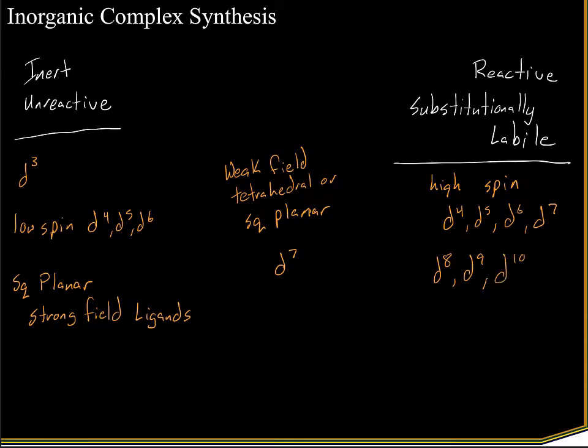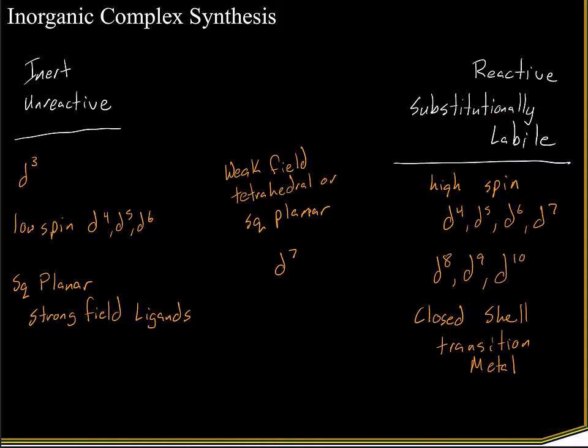Right, so if we have anything in those antibonding orbitals, they tend to be more substitutionally labile. In addition to this, closed shell transition metals tend to be labile. Right, so this is essentially d0 cases.